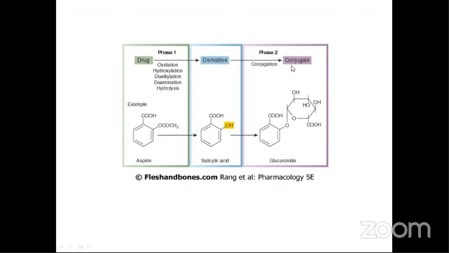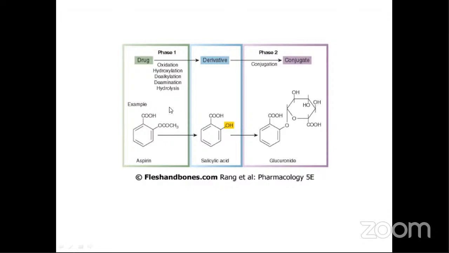Then they are eliminated. Similarly, I have given the example of aspirin. Here you can see it is an ester form, so there will be hydrolysis and it will break down. It will produce salicylic acid. Then the salicylic acid undergoes conjugation with glucuronic acid, which is called glucuronide conjugation. Then it is eliminated. So this is one simple example under phase 1 and phase 2.